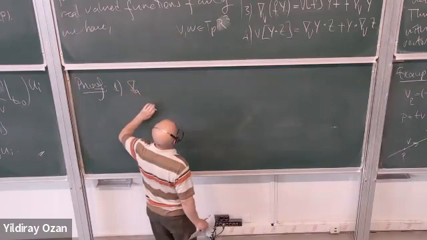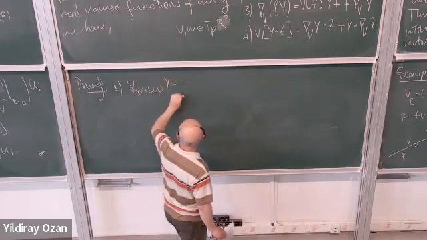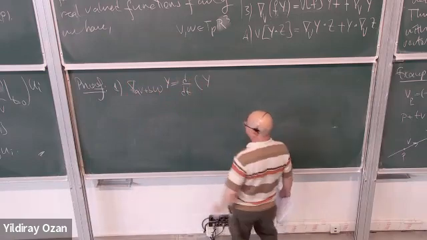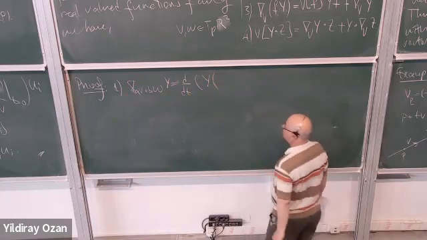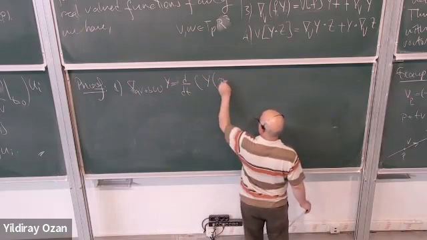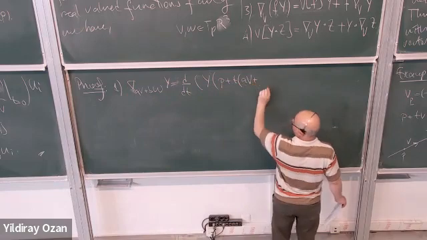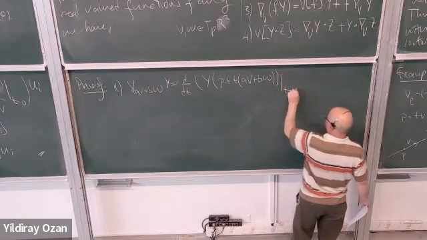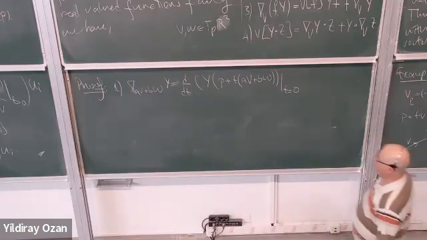A V plus B W. This is just the derivative of what? In y, I put here what? The point P plus T times AV plus BW, right? I take the derivative at the point 0.